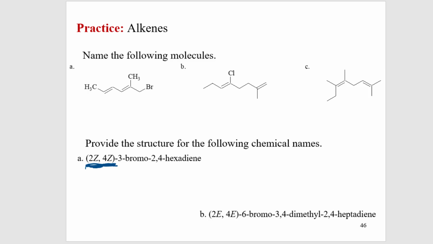What I want you to pay particular attention to is this double bond here in B. If you tried to name that double bond as E or Z, you wouldn't be able to. Draw your volleyball net. You see that those two H's off of the other side? How do you tell the priority?